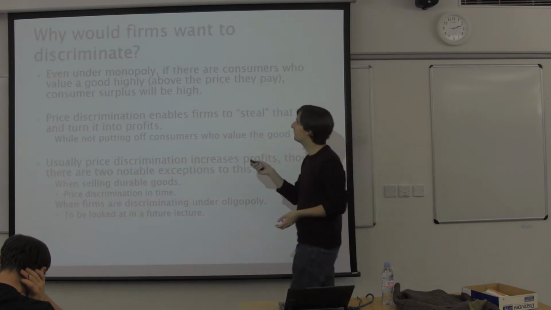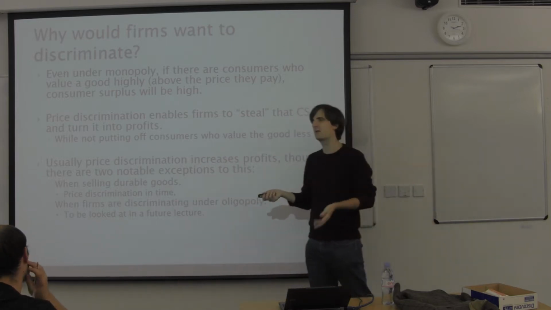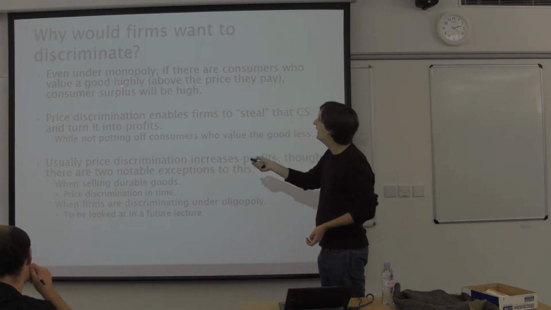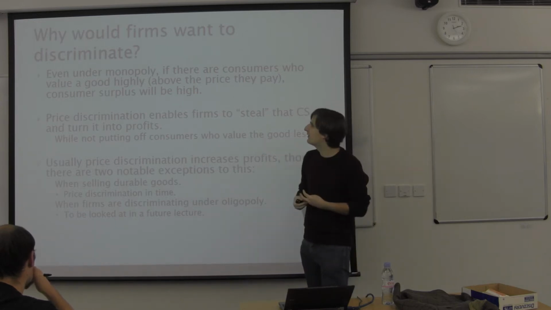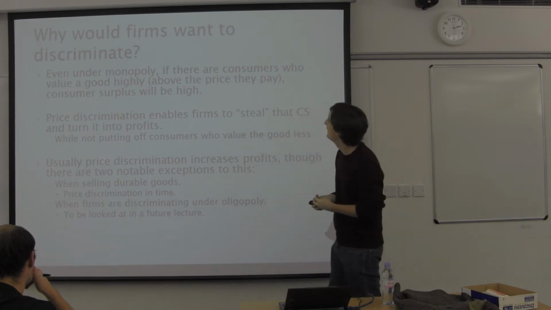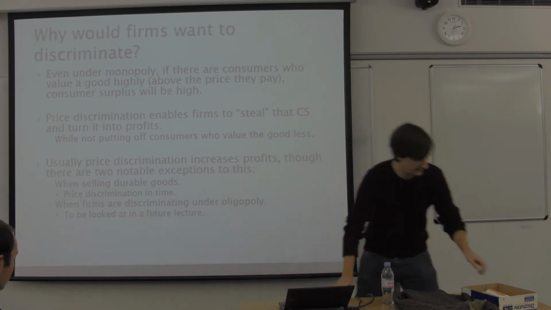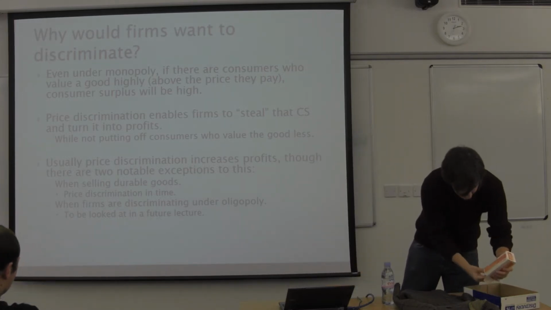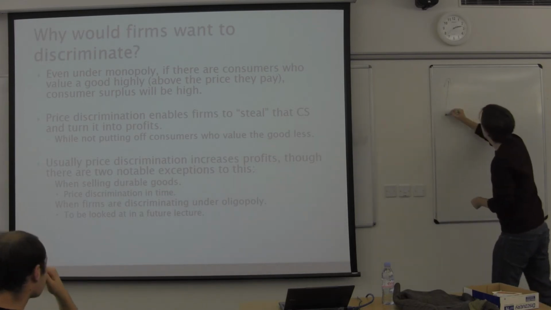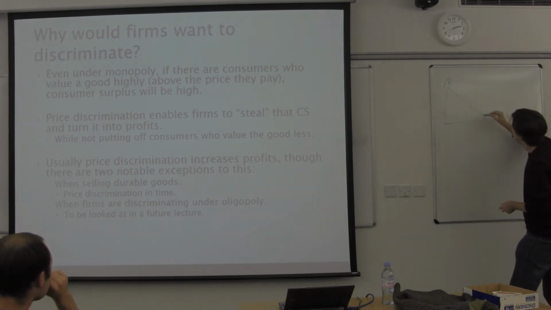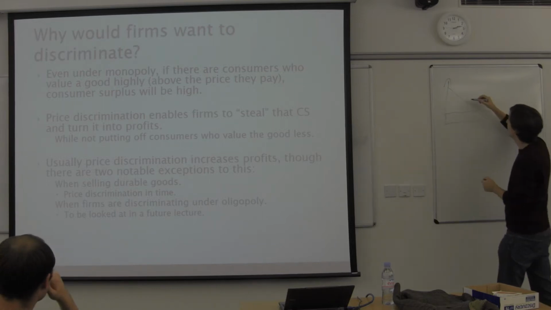So why would firms want to price discriminate? Well, the answer is kind of obvious, because it can increase their profits. If you think about a standard demand curve, here's a demand curve, there's marginal cost.